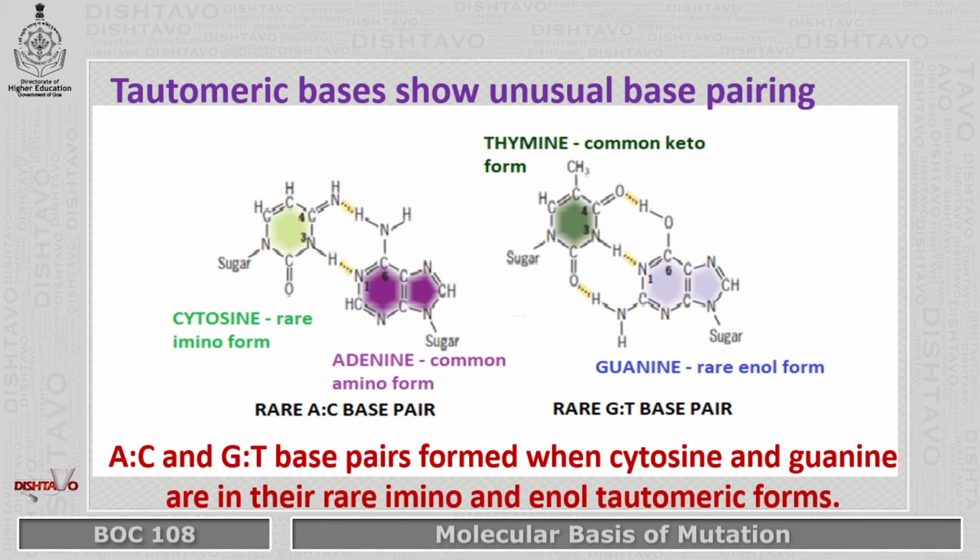Watson and Crick in 1955 hypothesized that the occurrence of the bases in tautomeric forms possibly provides a mechanism for mutation during DNA replication.